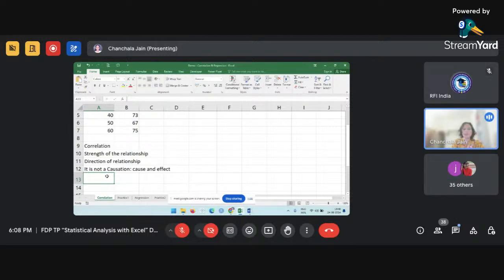But correlation will never tell you which variable is the cause and which is the effect. Being a researcher, you may know that this variable can be the cause and this can be the effect. But how much impact one variable has on the other, you cannot study using correlation, right? I hope it is clear.